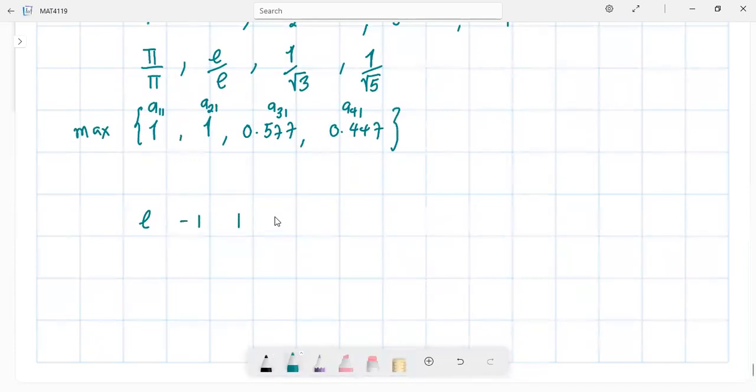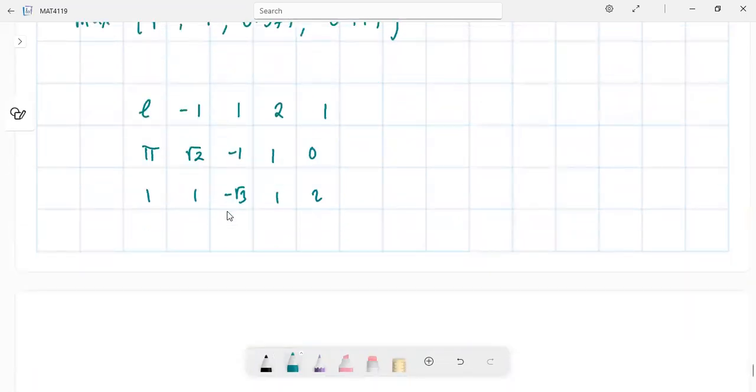So you have 1, 2, 1, pi; then row 2: negative 1, 1, 0; and then the last one, 1, 1, negative root 3, 1, 2; and then here you have negative 1, negative 1, 1, negative root 5, 3.